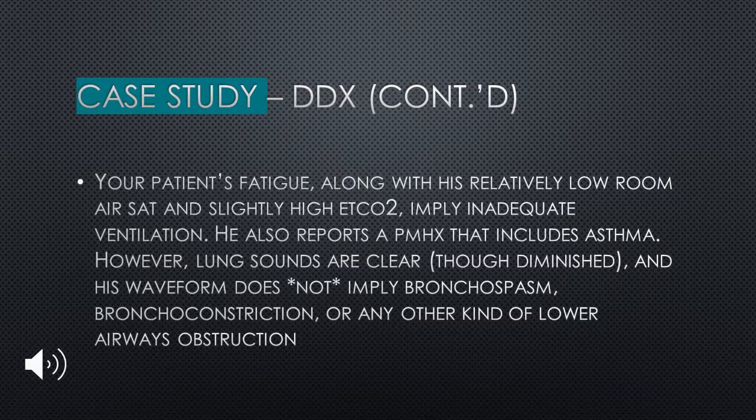It's not showing that slant that would show the CO2 coming out gradually because it's obstructed by bronchospasm, bronchoconstriction, or any other kind of lower airway obstruction. It's square. So he doesn't have trouble getting his air out, but he's obviously hypoventilating in some fashion.